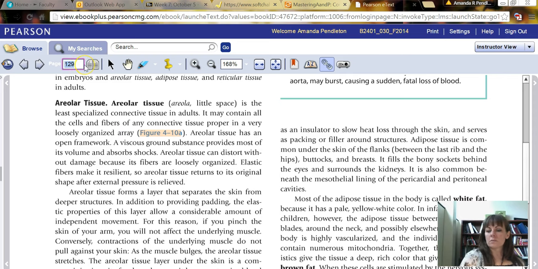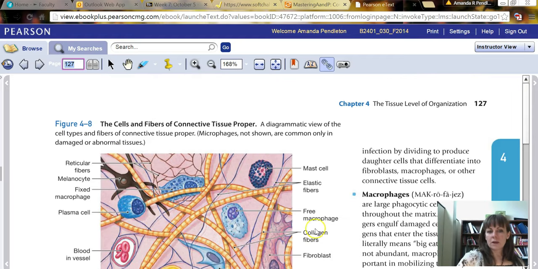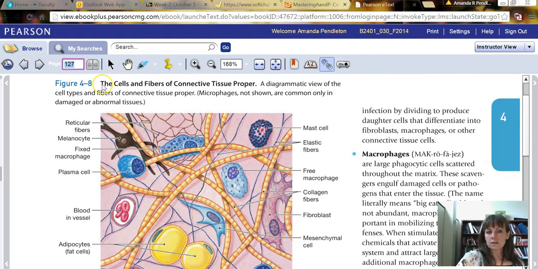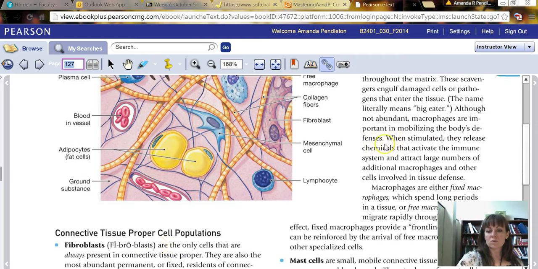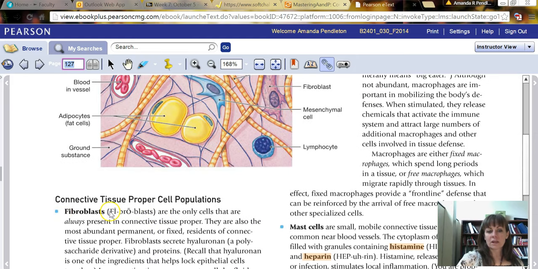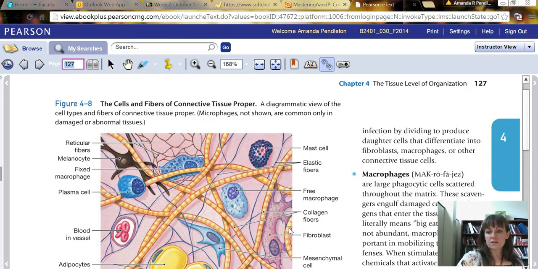Well, remember back on an earlier page it listed the cells and fibers of connective tissue proper. And so what we would want to do is look at this image, look at some of the headings, connective tissue proper cell populations, and then list each of the cells that would be there.